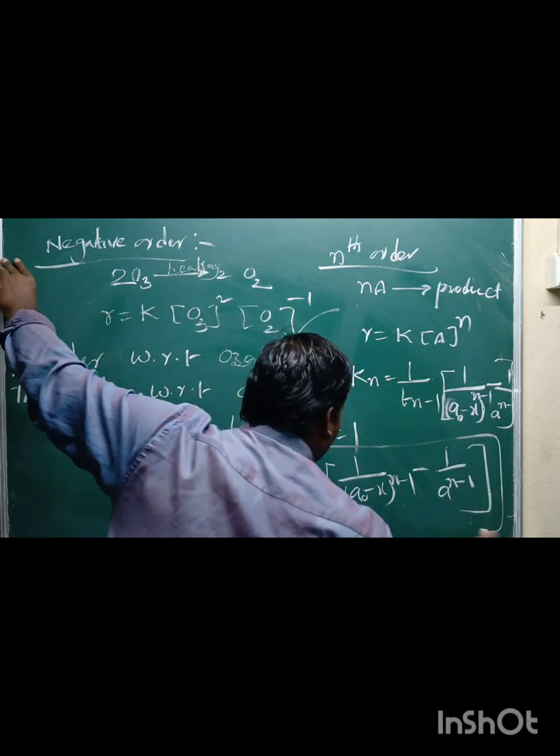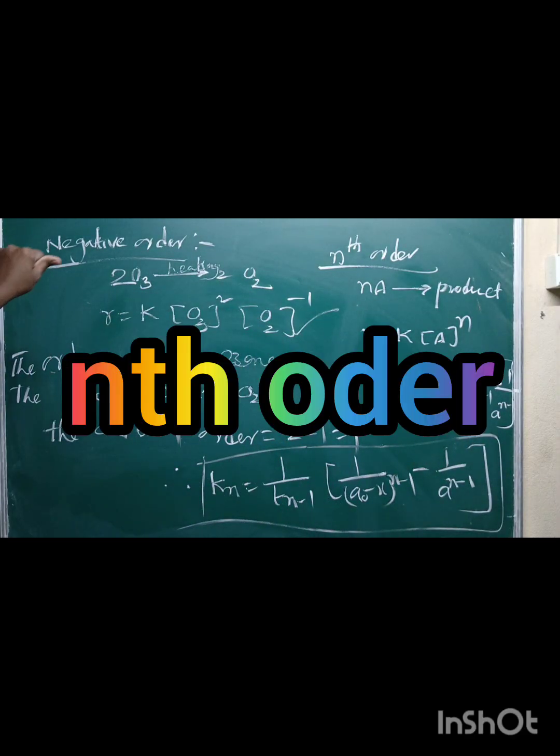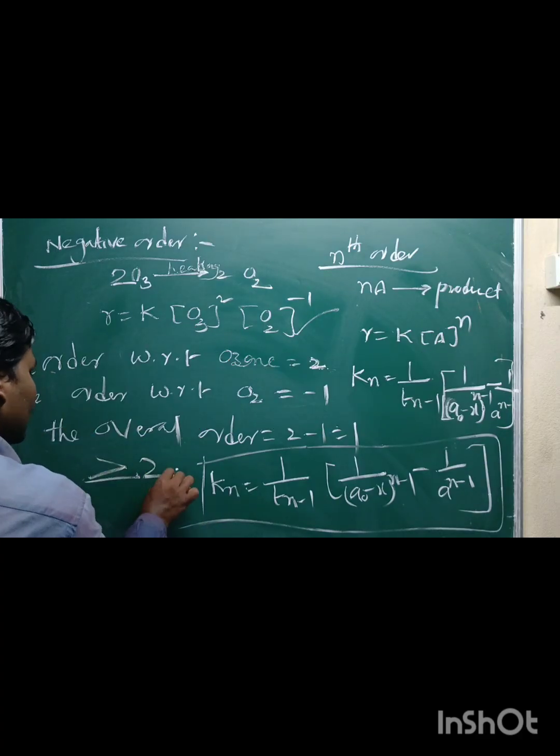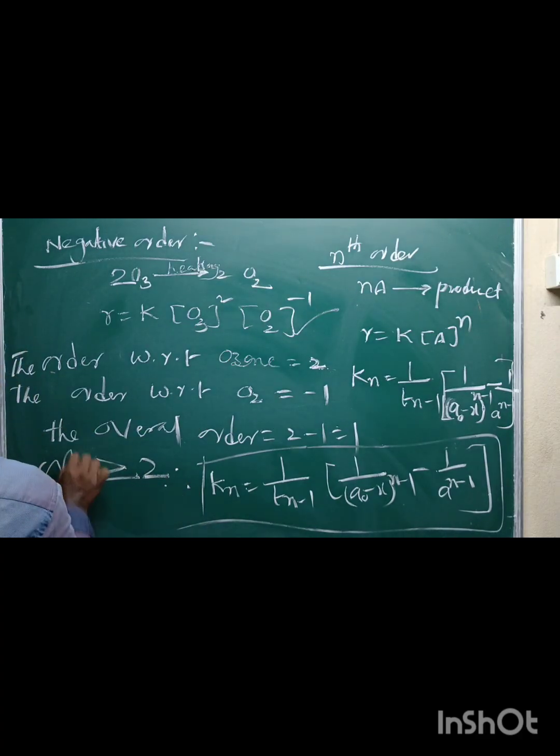This is applicable for order greater than or equal to 2. If n is 2, then n minus 1 is 1, giving the second order integrated equation. I hope it is clear.